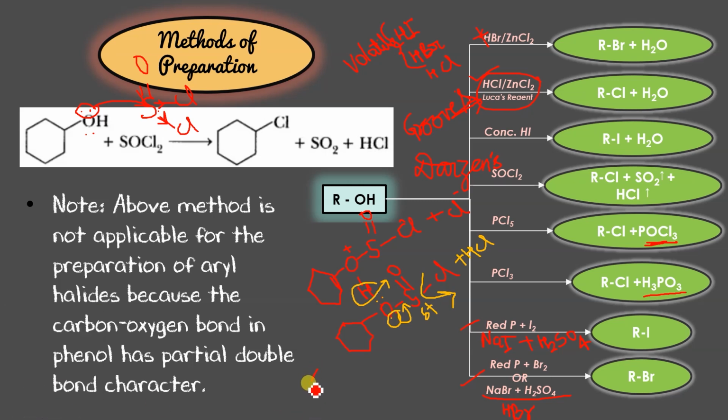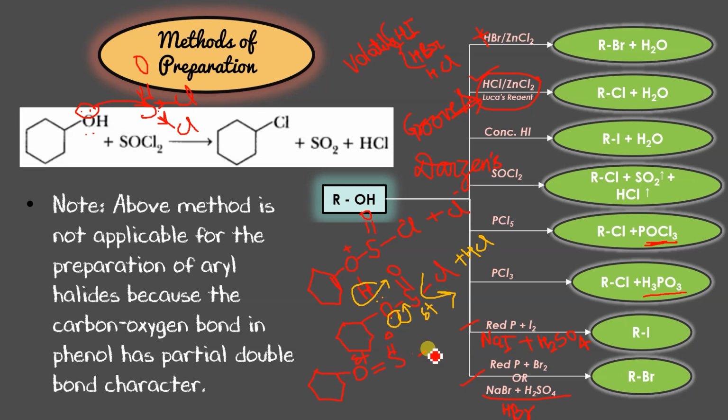The next product will be like this. Again, oxygen will develop a partial positive charge because it has lost its one electron, isn't it? And this will form a double bond over here, this is S double bond oxygen over here, isn't it?